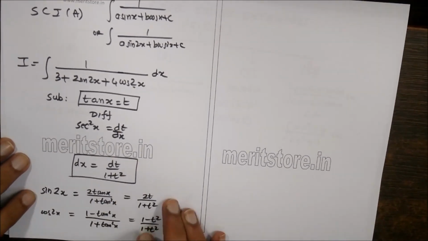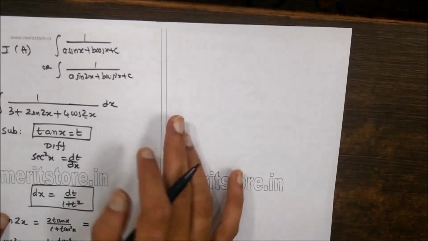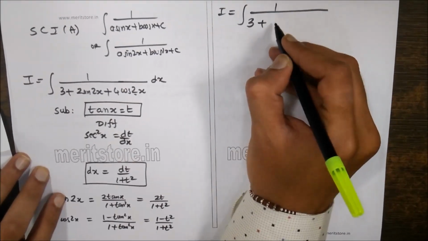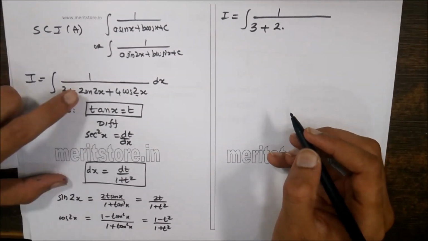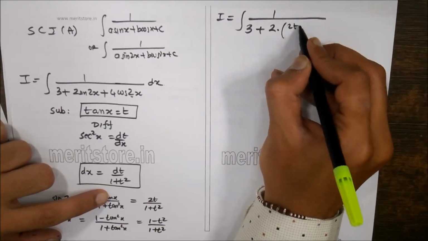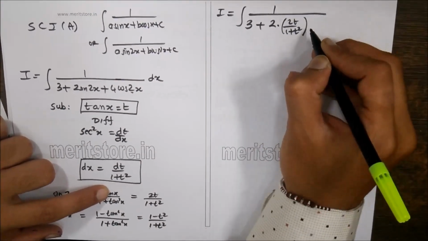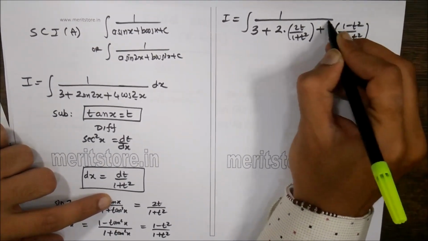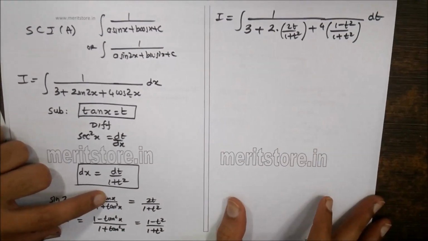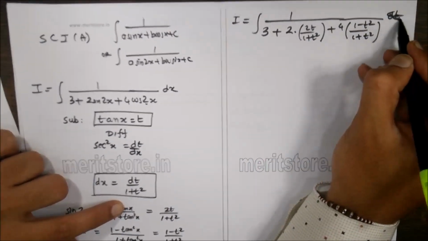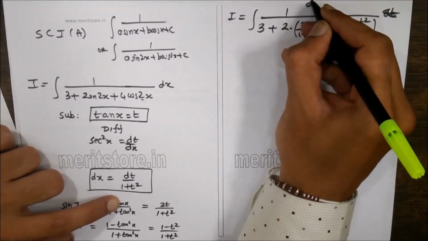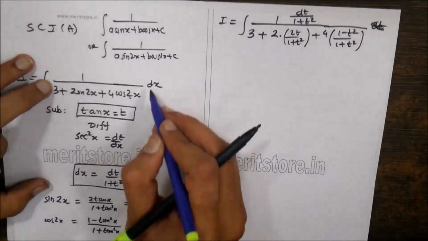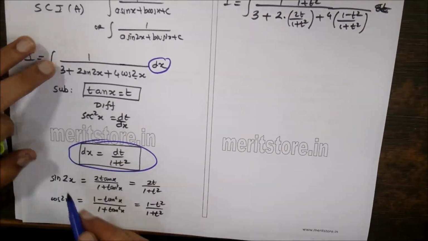Utilizing dx, sine 2x and cos 2x, our question will now look like the integral of 1 upon 3 plus 2 into 2t upon 1 plus t square plus 4 into 1 minus t square upon 1 plus t square, and instead of dx, we write dt upon 1 plus t square.